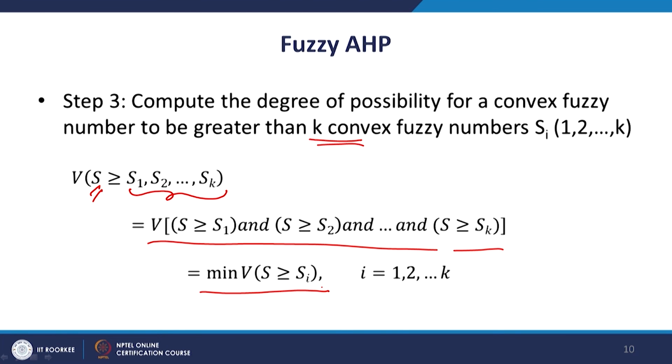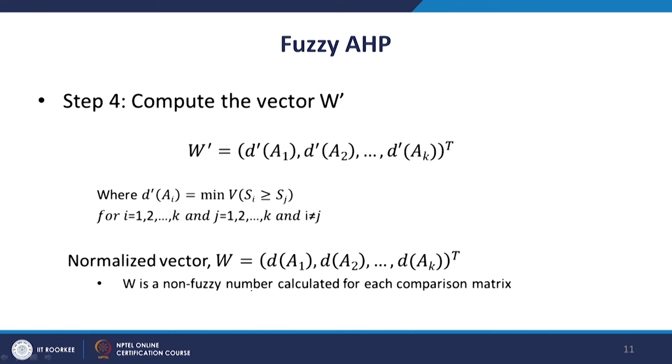So, if it is individually greater than all the other synthetic values, then overall we can say it is greater than all k convex fuzzy numbers. If we take the minimum of V, S greater than or equal to Si, where i could be 1 to k, then that would indicate this degree of possibility.